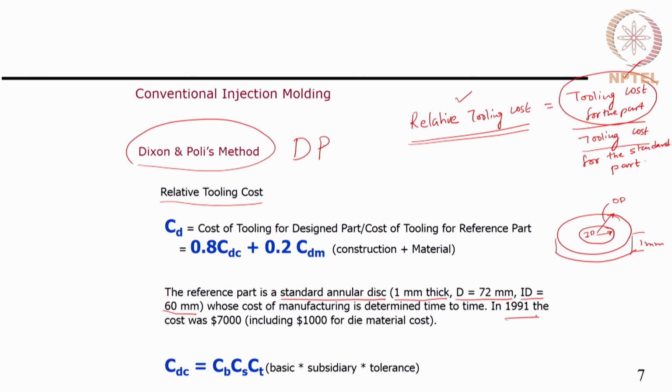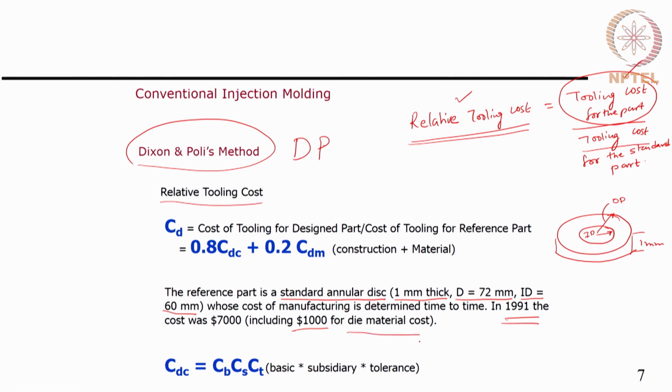As an example, in 1991, the cost of manufacturing this standard part was $7,000, which includes $1,000 of die material cost.